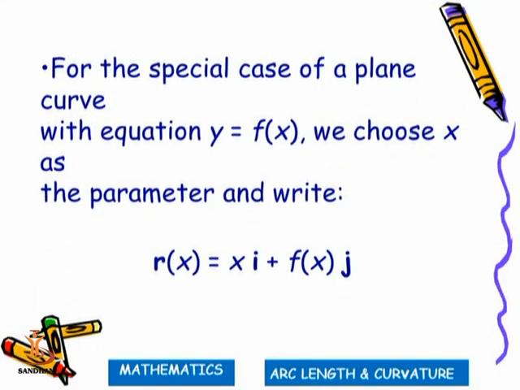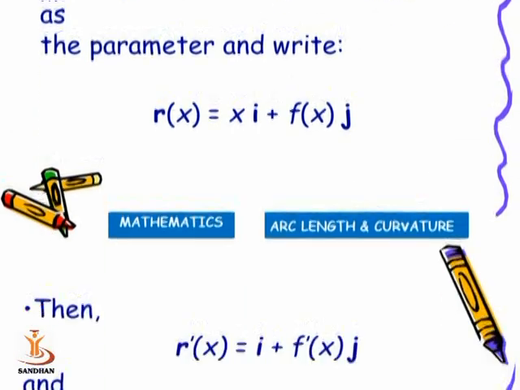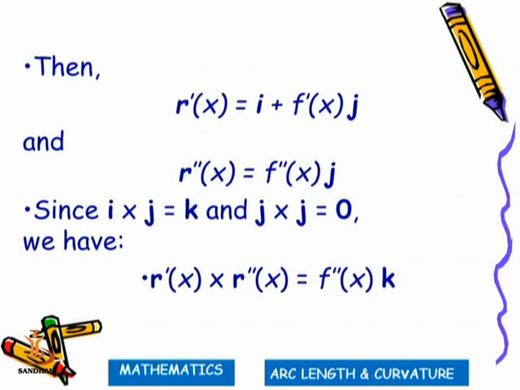For the special case of a plane curve with the equation y equal to f(x), we choose x as the parameter and write r(x) is equal to x i plus f(x) j. Then r dash of x is i plus f dash(x) j. r double dash will be what? f double dash(x) j.